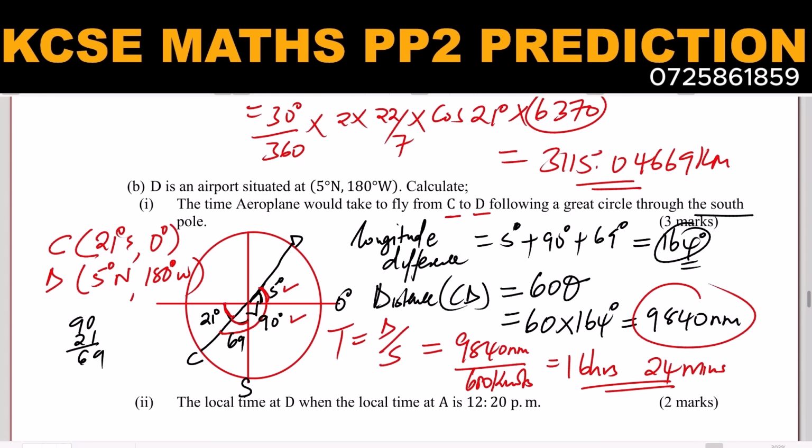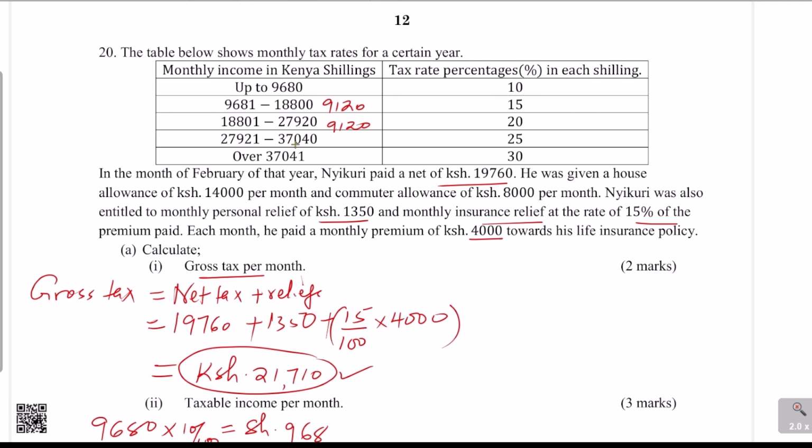For the other band, this is 27,920 subtract 18,800, so you can see that one is still the same. It is still 9120. The other one is 37,040 subtract 27,920.